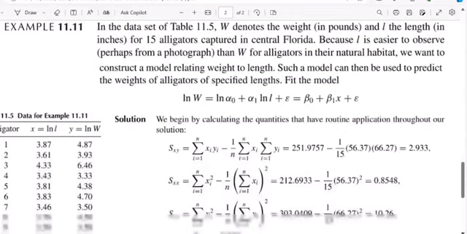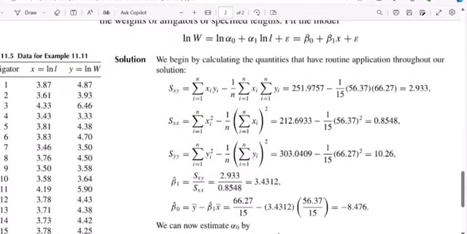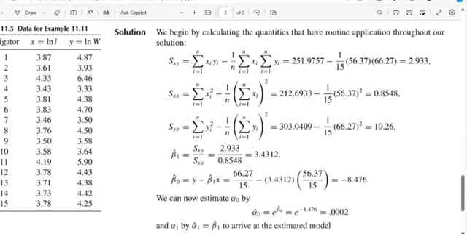We actually investigated 15 alligators. But the data that we have, they've already taken the log for us. Does that make sense? Taking the log of L, that is going to be our X. Taking the log of W, that's going to be our Y.